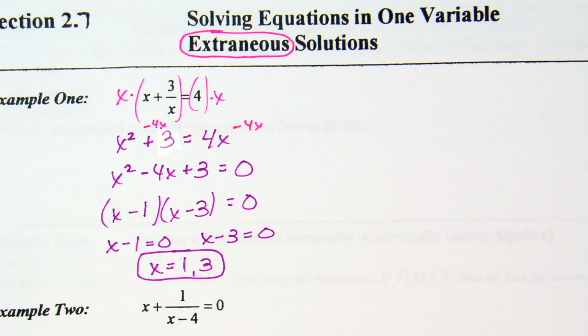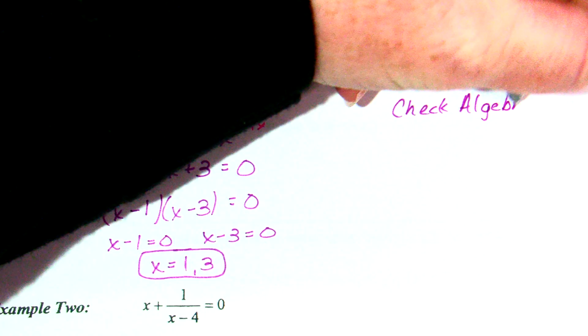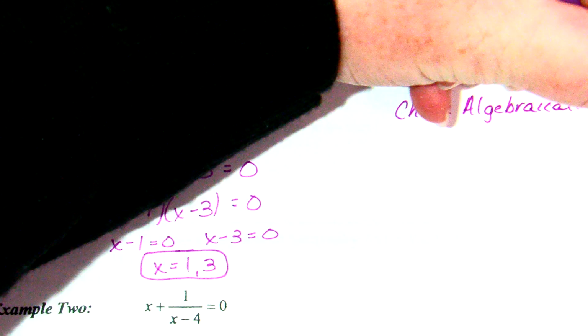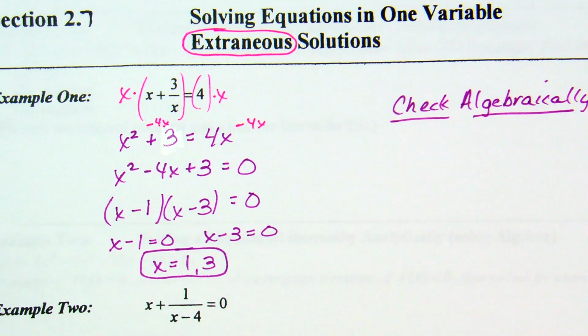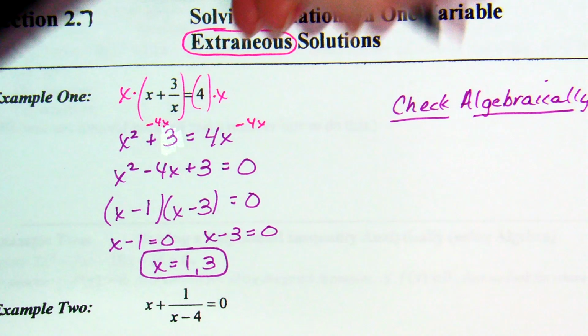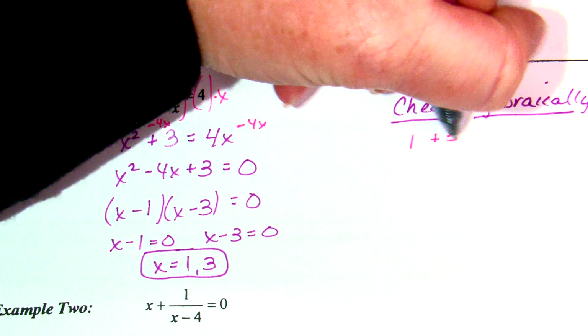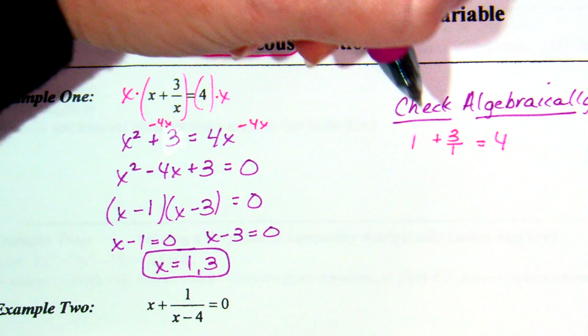Plug the numbers back in, yes? And I'm going to call that an algebraic check. I'll talk about another way on the next one. If I check this algebraically, as he said, plugging the numbers back in. So that means if we put in 1 plus 3 over 1, does that equal 4?